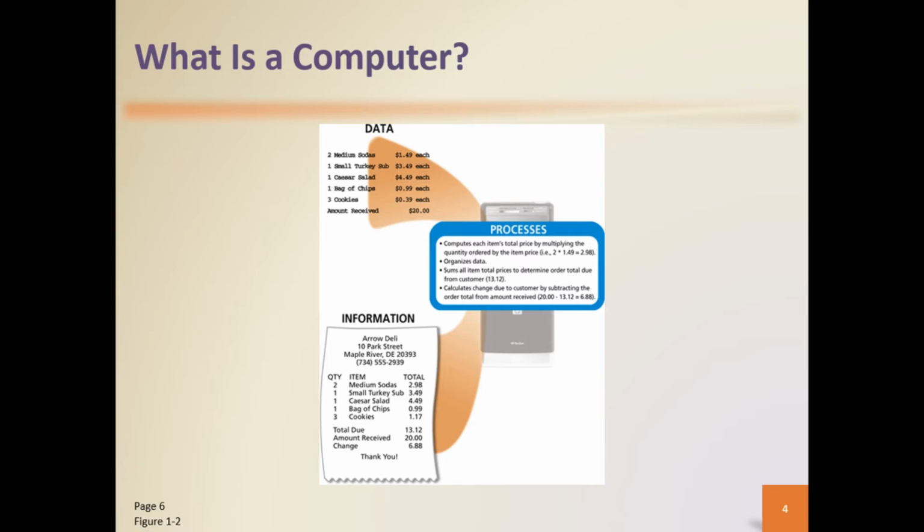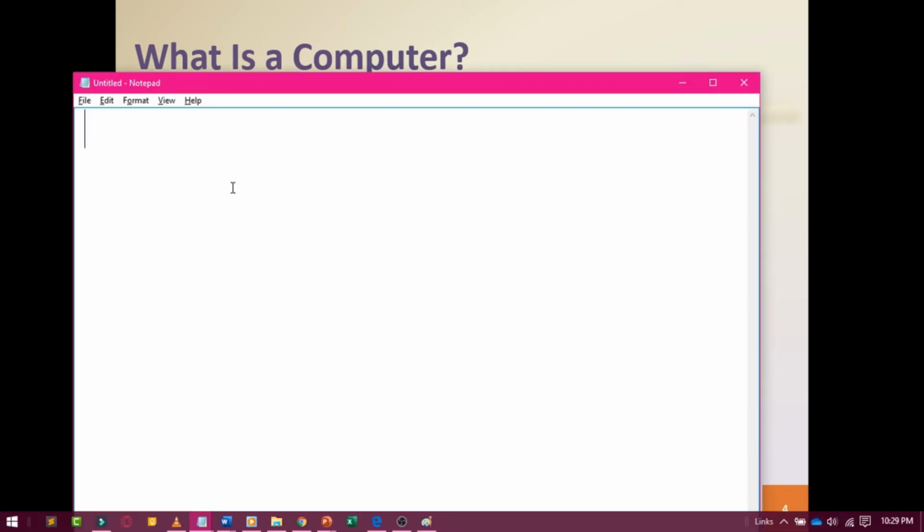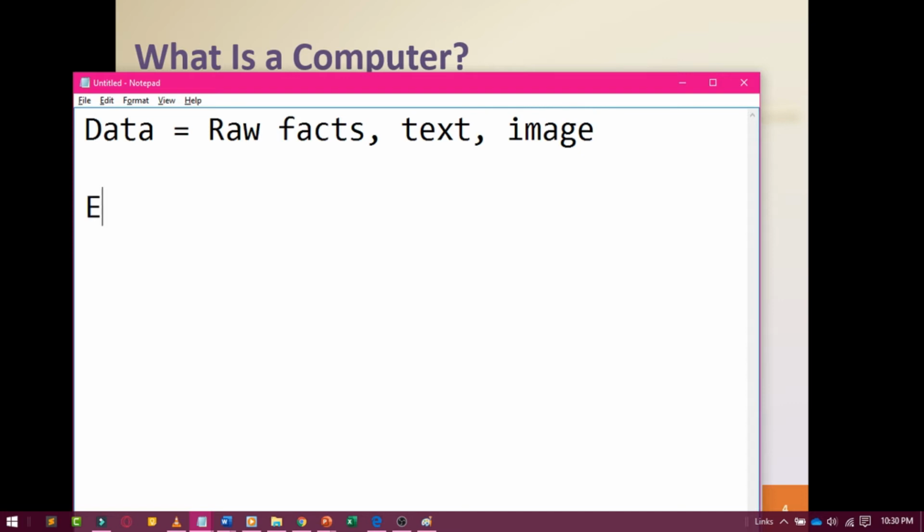Now, what is the difference between data and information? Pag sinabi nating data, data is a raw fact. It may be text, it may be an image, a single entity. For example, we have a name.